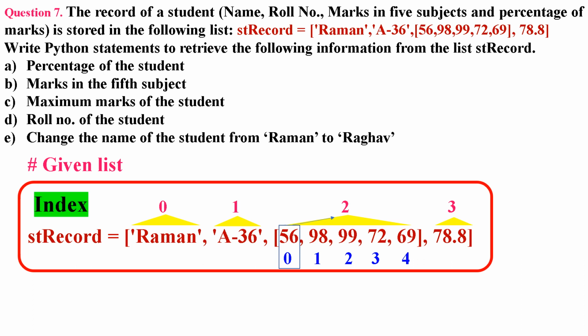And in the nested list, Index of 2 of 0 contains the value 56, Index of 2 of 1 contains 98, Index of 2 of 2 contains 99, Index of 2 of 3 contains 72, Index of 2 of 4 contains 69.